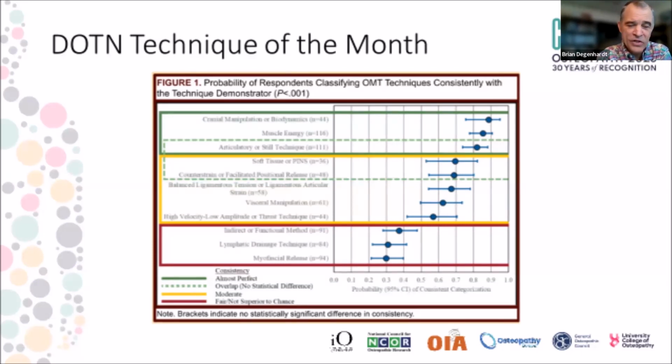And on some of the versions, we followed that up after we collected that data. We included an audio description of the member performing the technique without naming the technique, giving descriptions about what's being done, and then having people re-vote as to how they would categorize that particular technique.